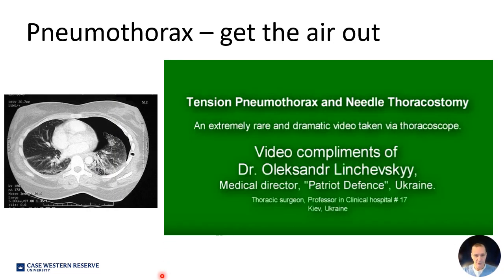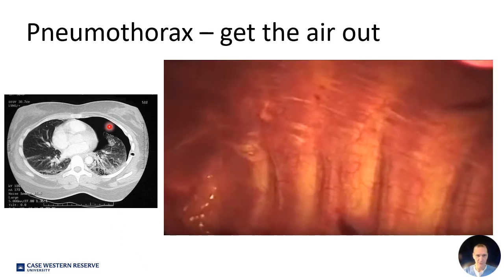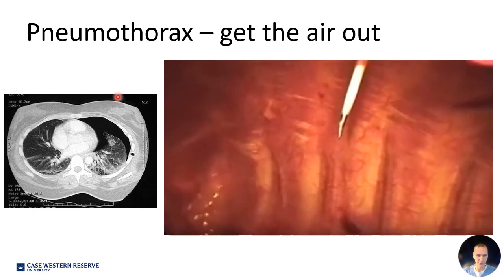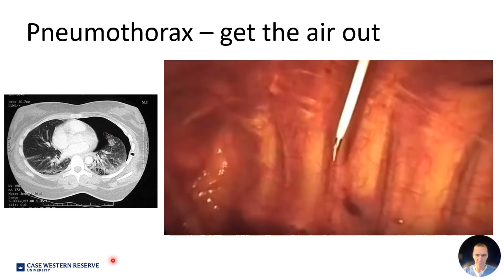I also think it's a good chance to play this video, and I thank this doctor for posting it online. Here is a large pneumothorax, and you're going to see, this isn't the actual image, but you're going to see what happens when there's a needle decompression.